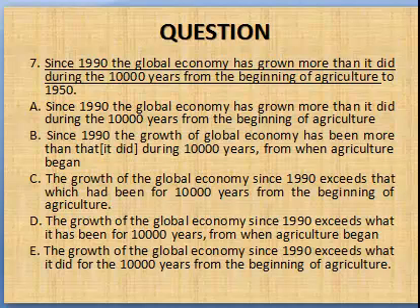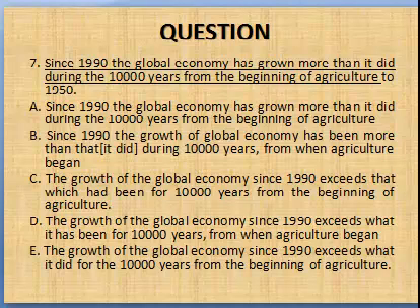So there are a lot of idioms: from, to; more than; between x and y; or since x and y. So since 1990, let's look at option B. Since 1990, the growth of the global economy exceeds that. Okay, so the growth of the economy since 1990 exceeds that which has been, where C goes out.